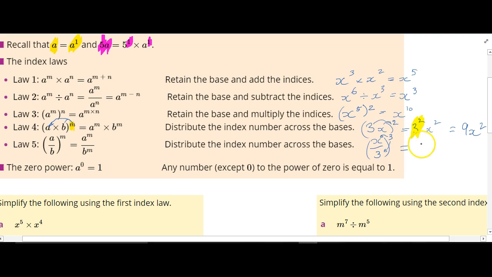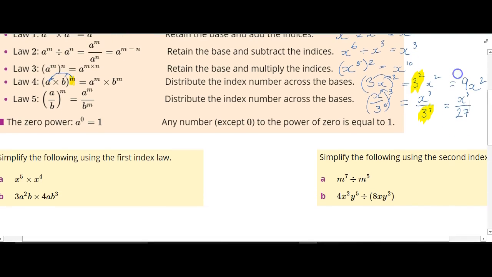Rewriting that, we could say that is x to the power of 3 over 3 to the power of 3. Again, when you see evaluate, it just means to work out, so you should do it. Now, it's not 3 times 3, it's 3 to the power of 3. So 3 times 3 times 3 is 27. That's how you evaluate or use those laws.